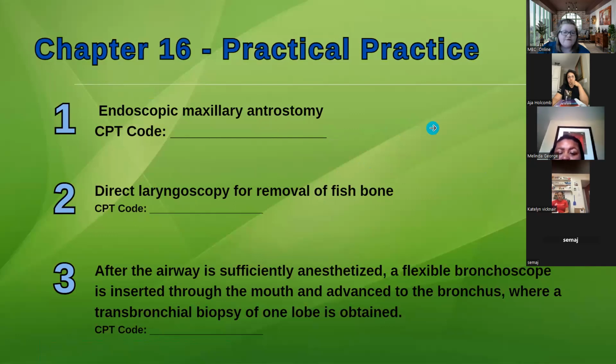All right, so the first one we're going to look at is endoscopic maxillary antrostomy. Oh, the medical terminology, you gotta love it. This is CPT coding, so we're focusing on procedures, what is done to the patient.